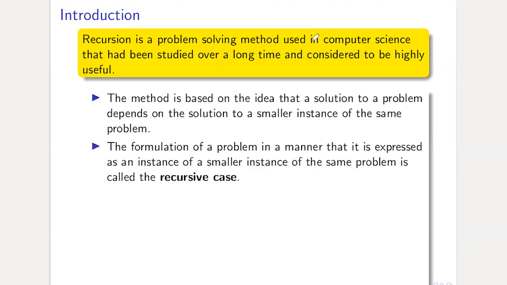So when you formulate a problem in this manner, where a problem can be solved using a smaller version of the same problem, the part of the problem or the instance of the problem that is similar to the originally stated problem is what we call the recursive case.